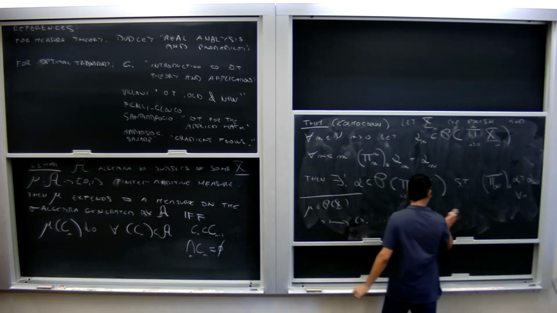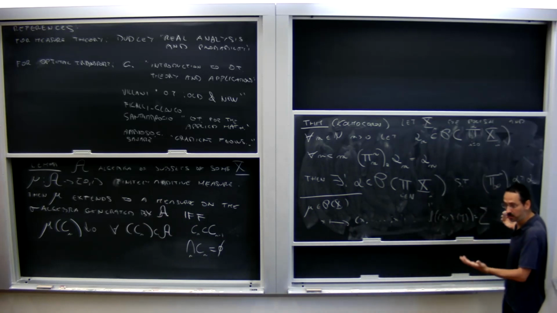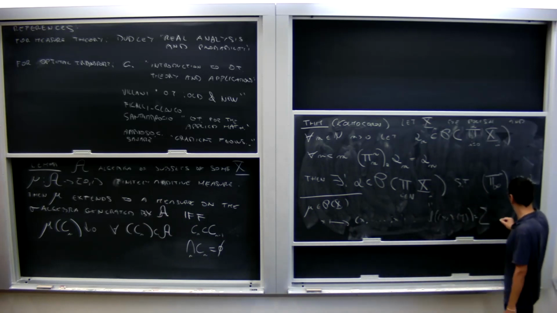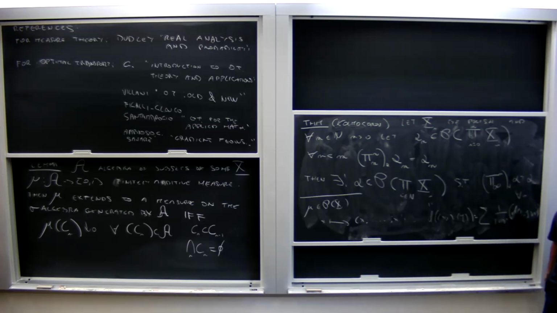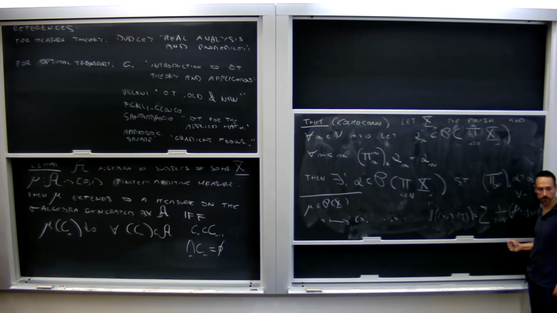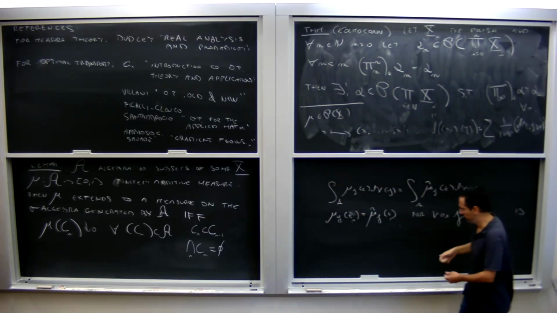The distance between two sequences xi and yi could be, for instance, the sum of 1 over 2 to the power i times the minimum of 1 and the distance between xi and yi. That's one example, and you see that the actual distance is totally irrelevant. I care about the topology. You can put whatever you want.